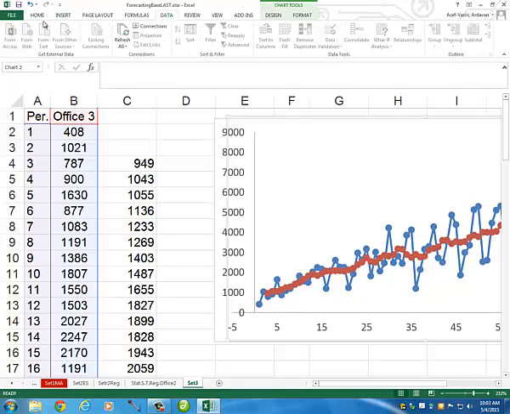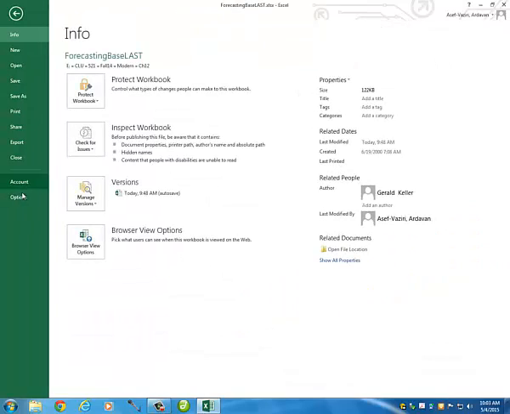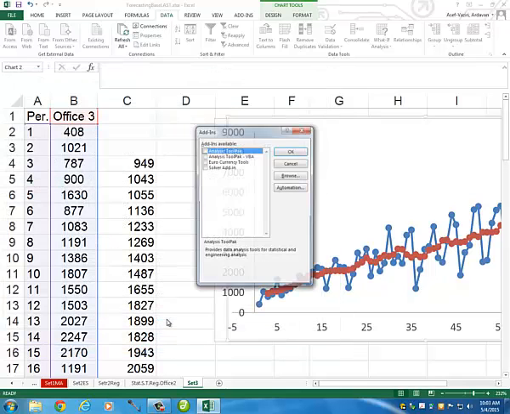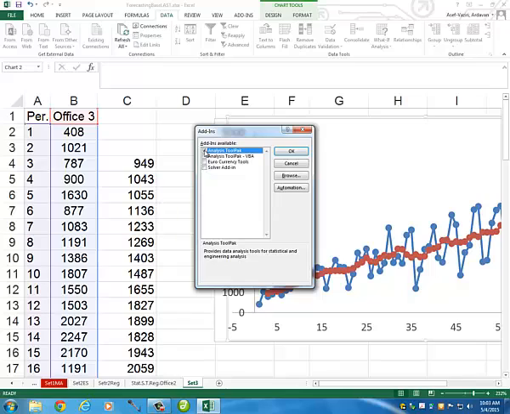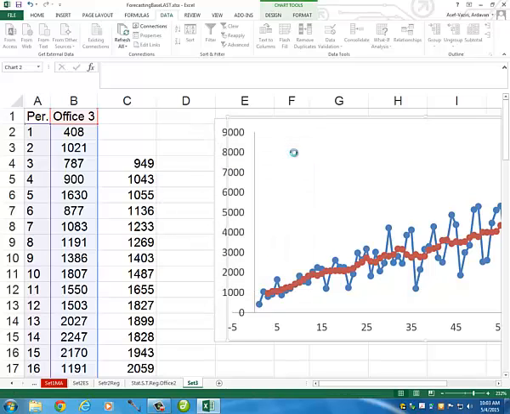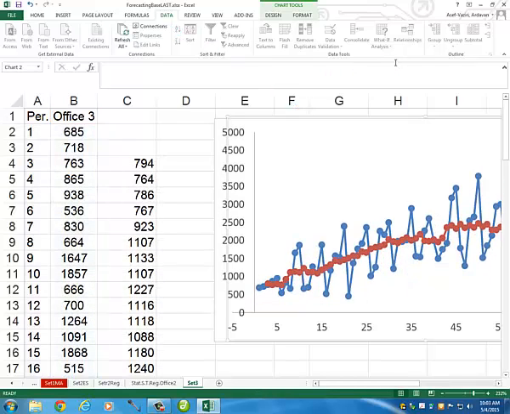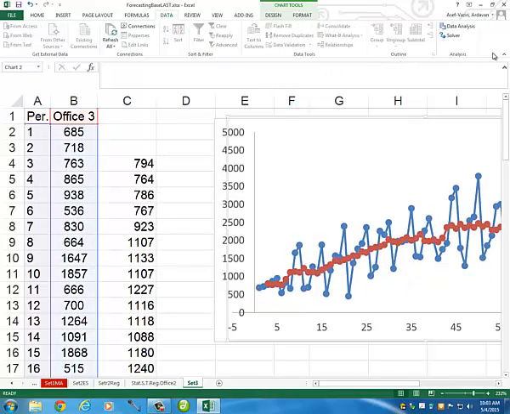I don't have the software here, so I go to file, options, add-ins, and then I say go, and I add Analysis ToolPak, and because I may later need Solver, I also add Solver, and as we see, they appear here.